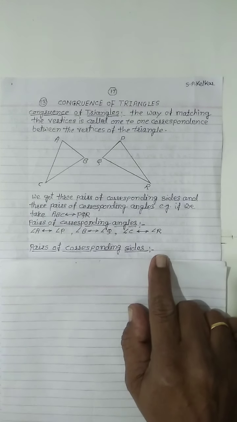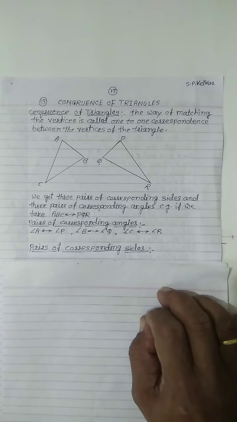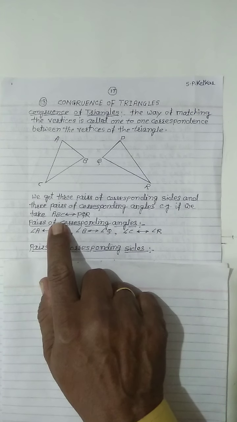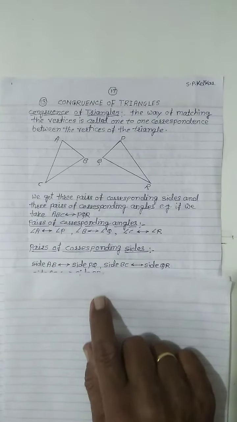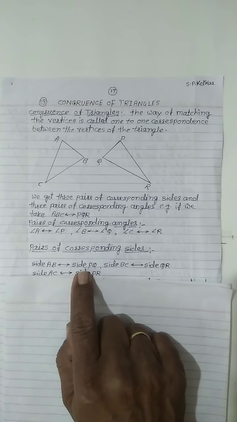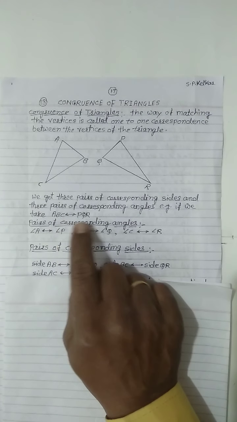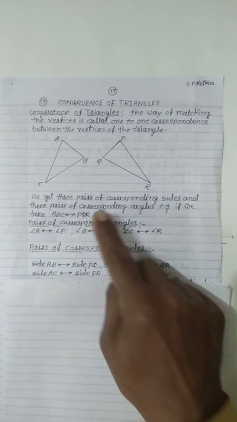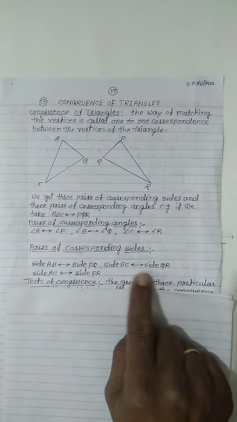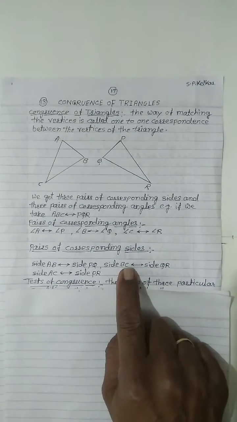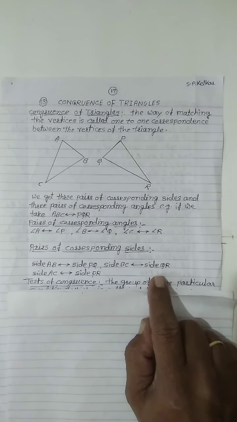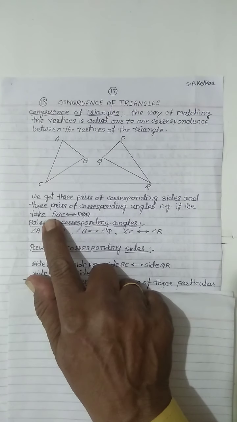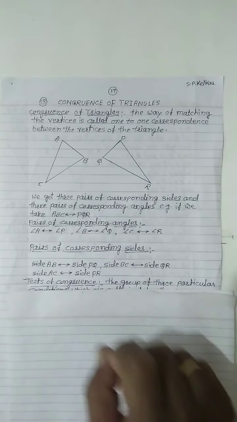Then the pairs of corresponding sides. From this we can write down the sides. Side AB congruent with side PQ. Then the second pair, side BC congruent with side QR, and side AC congruent with side PR.